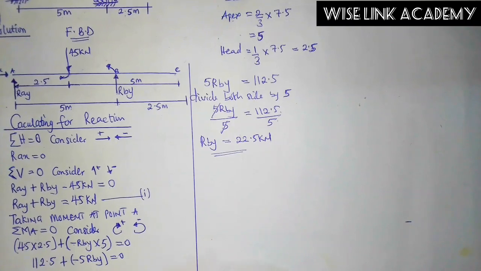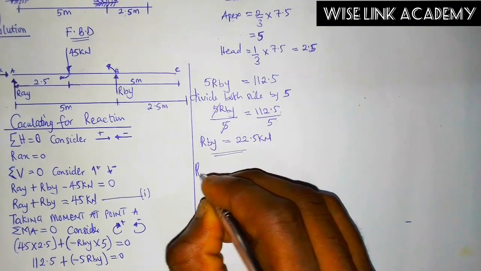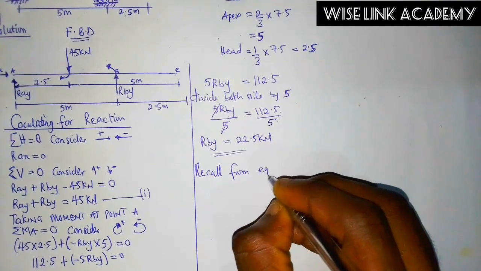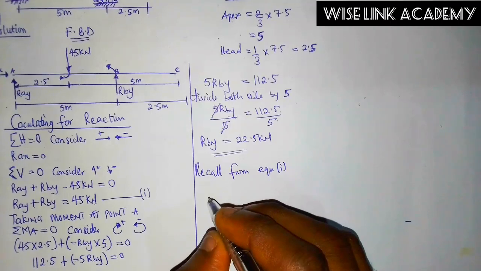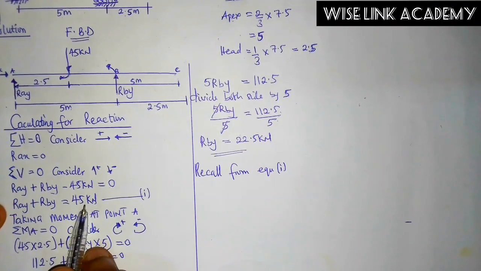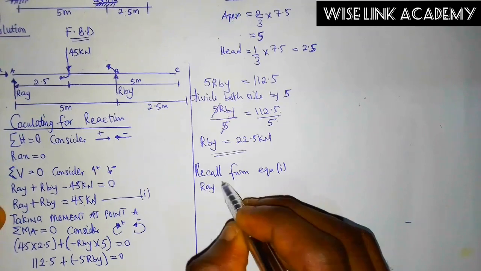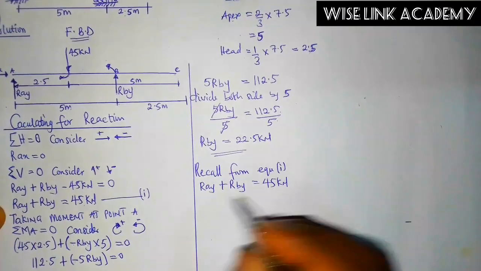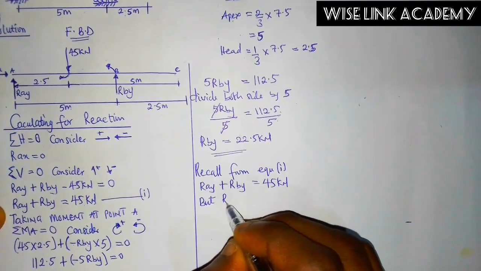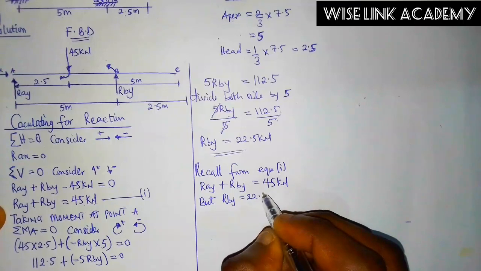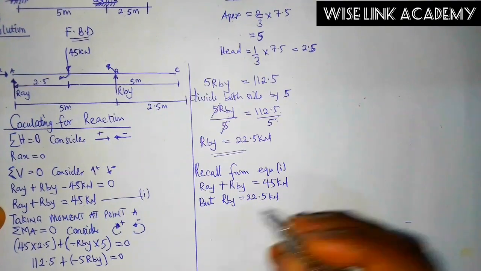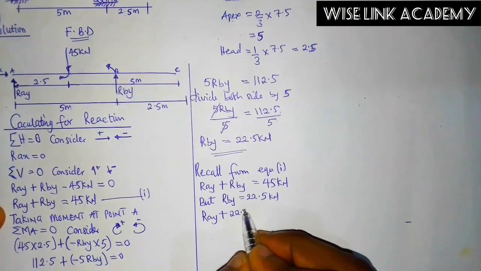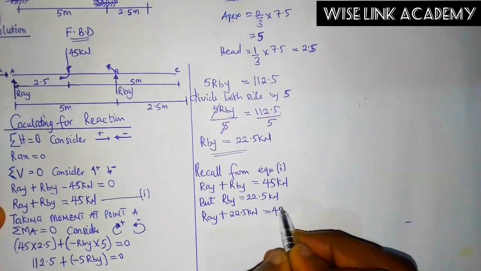So remember RAY. Recall from equation 1 that says RAY plus RBY is equals to 45 kilonewton, but RBY is equals to 22.5 kilonewton, isn't it? So therefore my RAY plus 22.5 kilonewton is equals to 45 kilonewton.